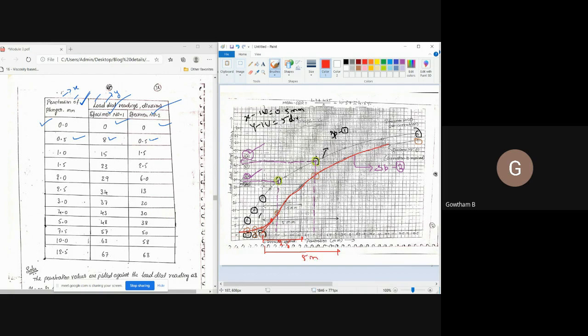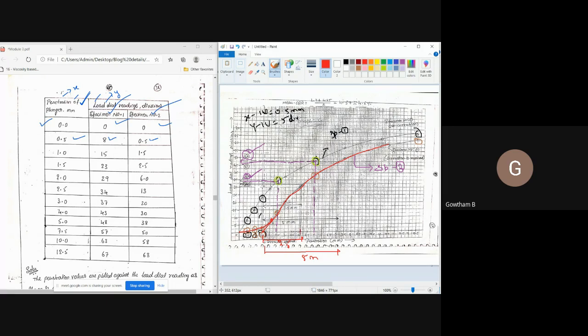When there is an initial concavity in the curve, from the point where the curve shows a uniform path you drop a back tangent, and you consider that point as the starting point or origin. From that point you consider 2.5 and 5 mm penetration values to get values on the y-axis. From here to here, 2.5 means it is near 4.2.